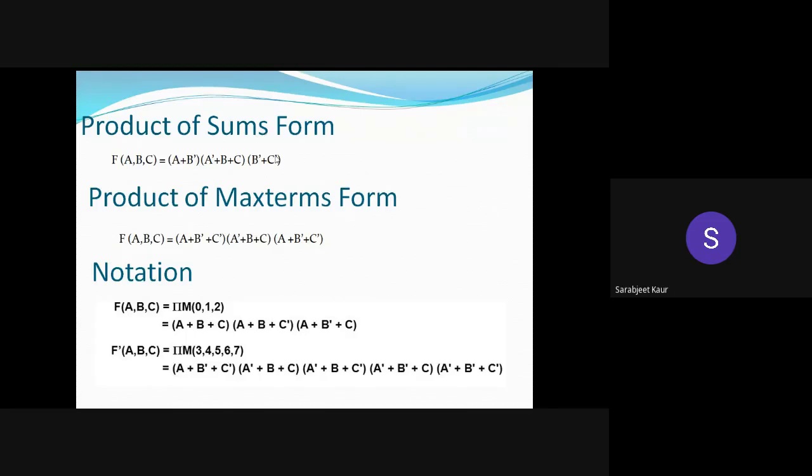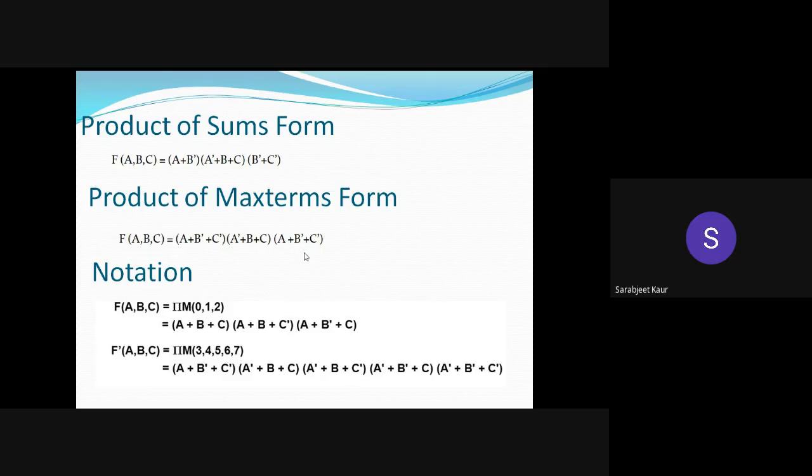When does it become the product of max terms form? It becomes the product of max terms form when I impose the restriction that every sum term must have all the literals present in the function. So if I write something like this, here I see each sum term is a complete max term.